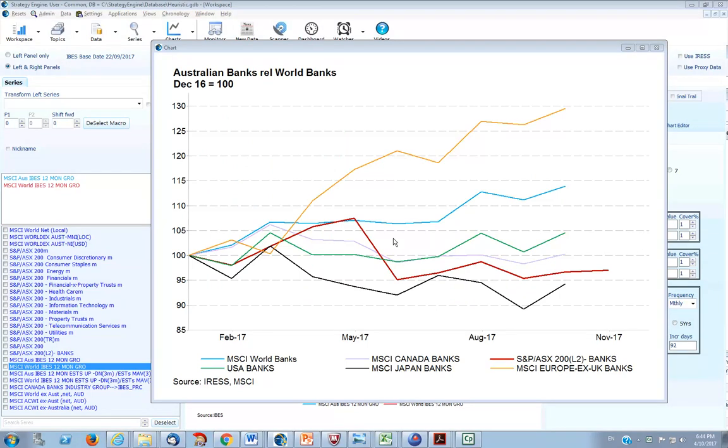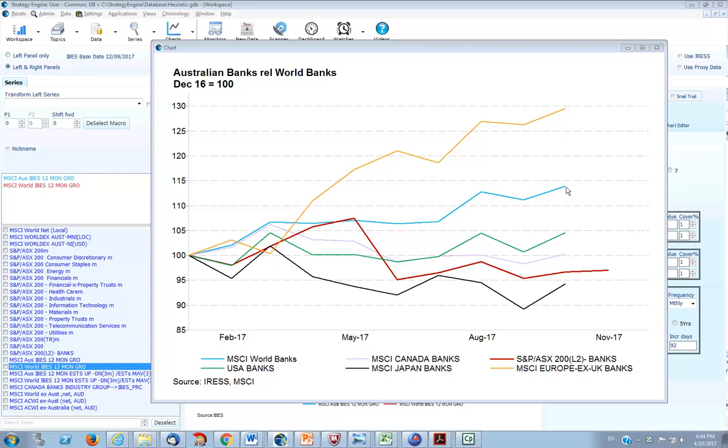So perhaps we should look at the bank sector if we're going to understand where this underperformance has come from. The bank sector is obviously 28% of the domestic market, so any underperformance of that is going to have a significant impact on the domestic market more generally. In this chart, the blue line is global banks, and we're looking at their performance since the beginning of this year.